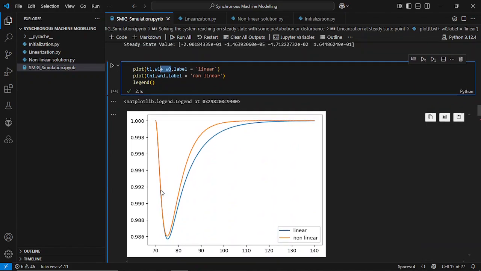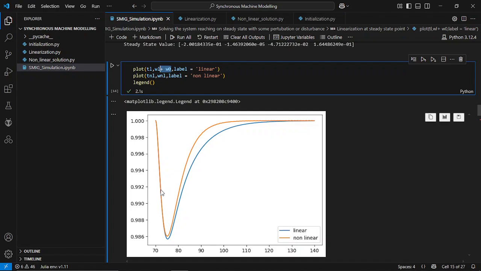Here we can see that the linear solution and the nonlinear solution try to match each other, but they do not match exactly due to the assumption of the Taylor expansion; in short, we ignore the higher order terms of the Taylor expansion.